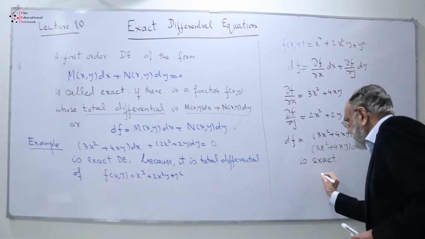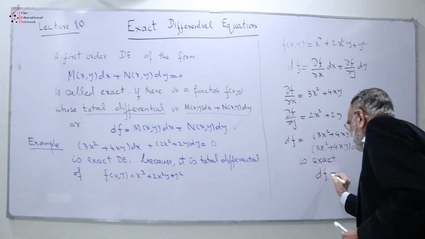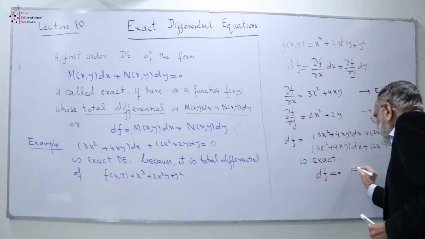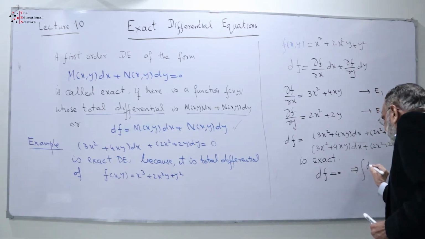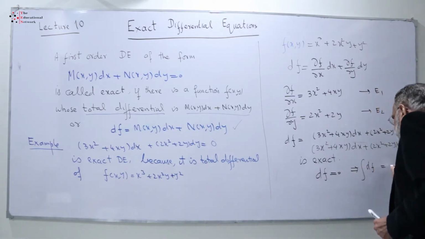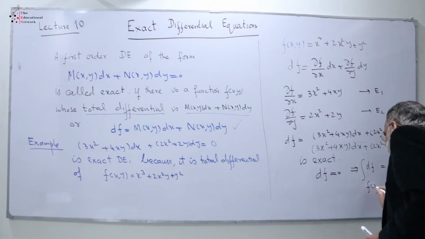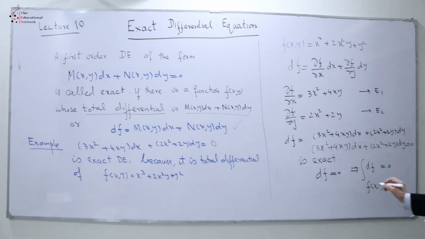That gives me df = 0. If I integrate this, the integral of df is equal to 0, so f(x,y) is equal to a constant. When this is an exact differential equation, I get a solution here.